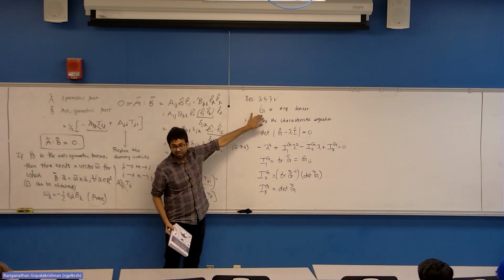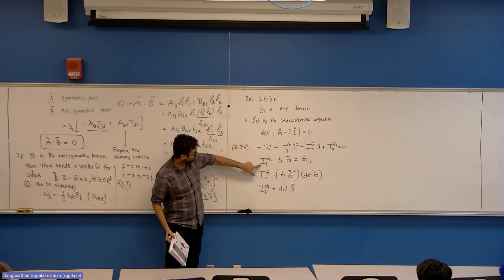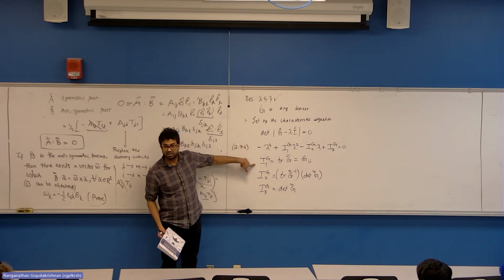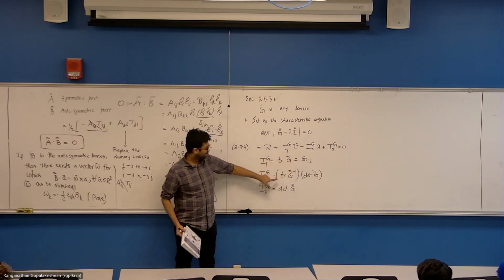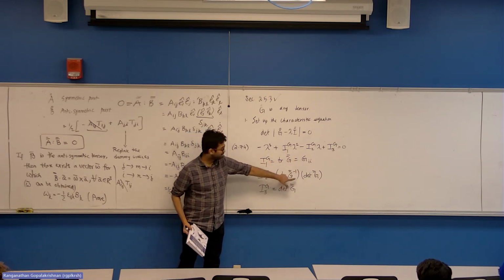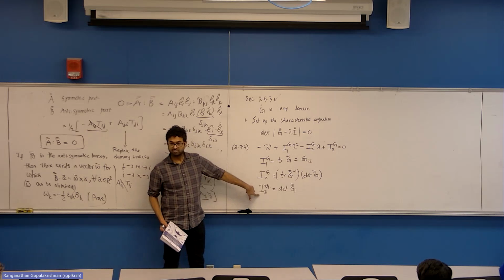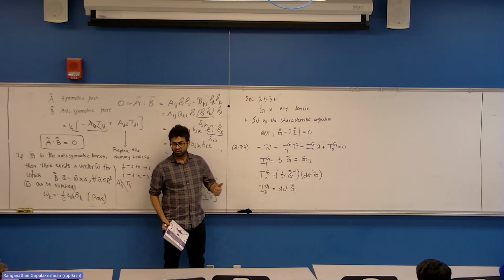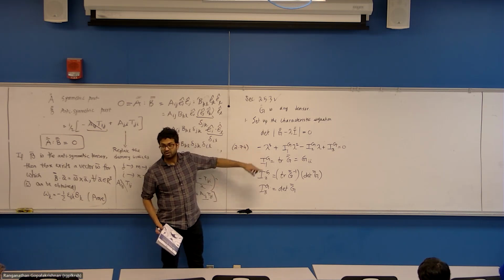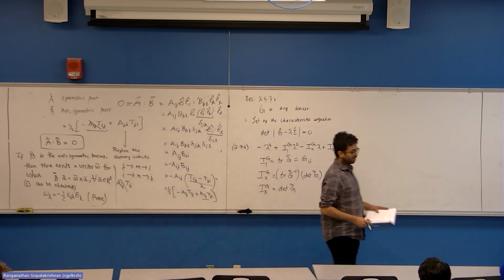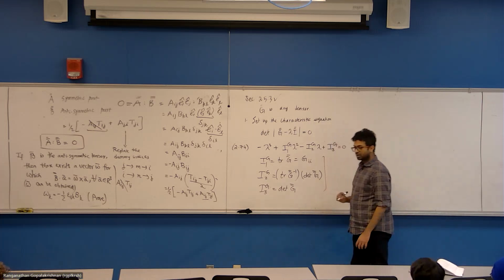Remember the program that you need to build. Whenever you are given a tensor, you will be given 9 numbers. Computing this from that matrix is really straightforward. Sum of diagonal elements. Trace of the inverse matrix multiplied by its determinant, and then determinant itself. You got 3 numbers, plug them in, you have a cubic equation. So if you are thinking of a program, first step is computing these.